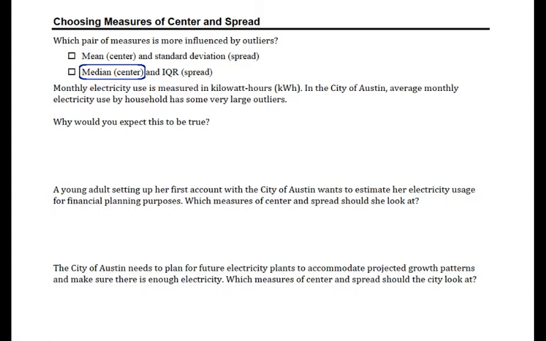It doesn't really care how much greater some of those ones that are to the right of the median are. So the median is resistant to outliers.